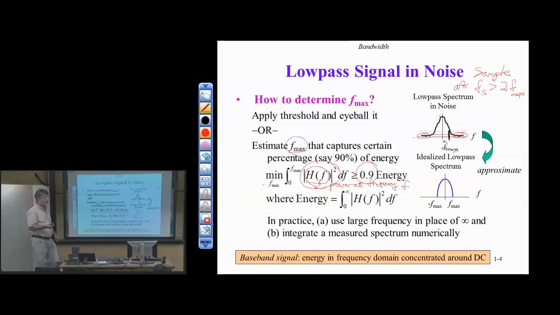It's good enough, because the way you're going to use it is to pick a sampling rate. The sampling theorem says the sampling rate should be more than 2 f max. You can make the sampling rate more than 100 f max. So you can be very sloppy in the estimate of f max as long as you sample at a lot more than 2 f max, say 100 f max or 10 f max. You can have a little bit of error in f max. It's okay.